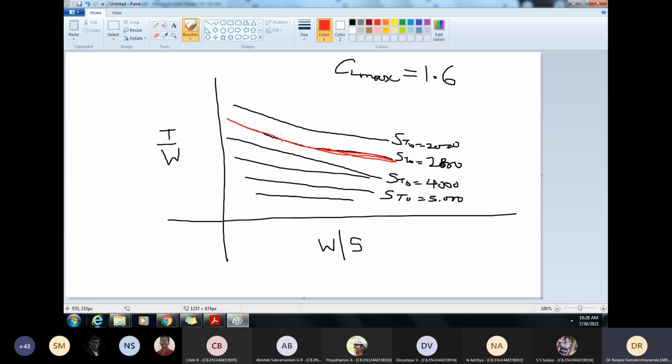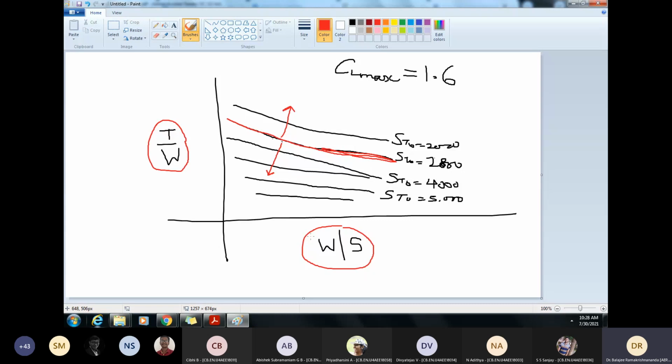Should you go this way to change your thing, or can you go this way? So better make this kind of plot. Clear? What on x-axis? Wing loading. What on y-axis? T by W. You can make plots like this.